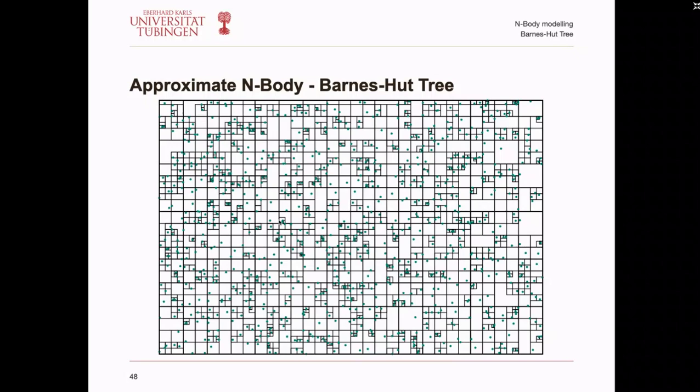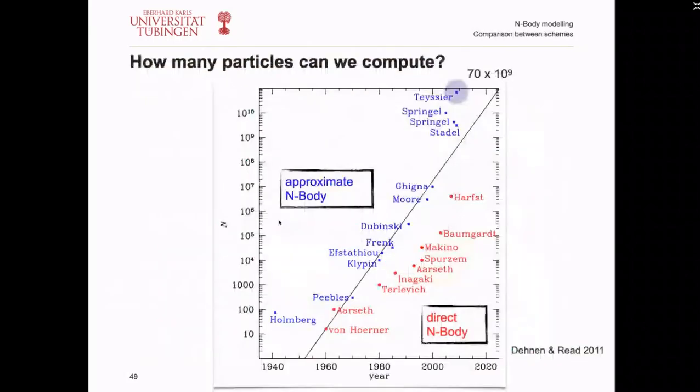And with these techniques, now this is also already an older slide, it's also from this Walter Dehnen and Read paper from 2011. Here you see the blue points are approximate n-body methods like these tree methods, or there are also different methods, but these approximate tree methods.